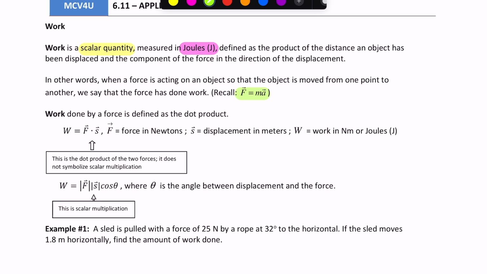Here we see that the force is in newtons, the displacement is in meters, and the work is in joules. This is the dot product of the two vectors. It does not symbolize scalar multiplication.